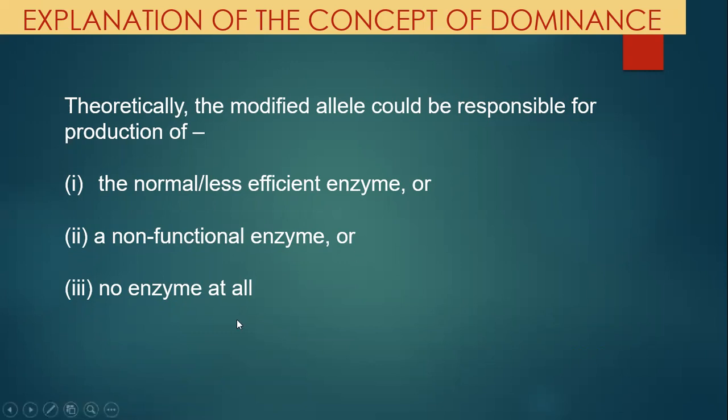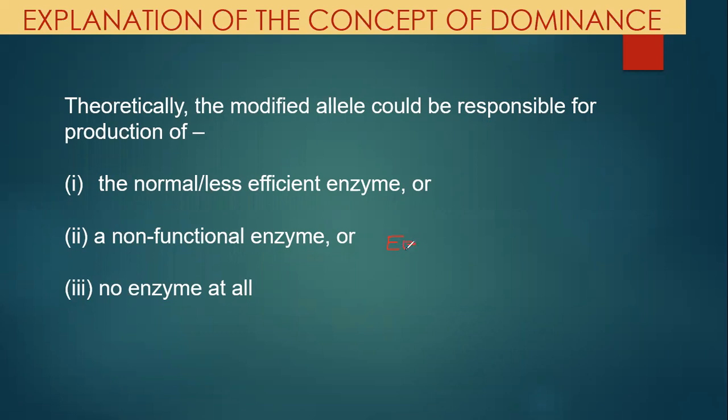So for example, suppose there is an E, which is denoting an enzyme. And you know the function of the enzyme: it enhances the rate of a chemical reaction. So suppose this capital E is one of the alleles, which is coding for an enzyme that leads to the transformation of a substrate to a product.